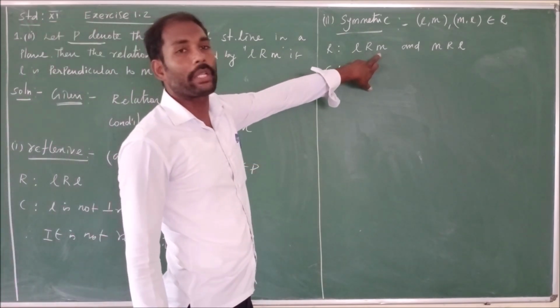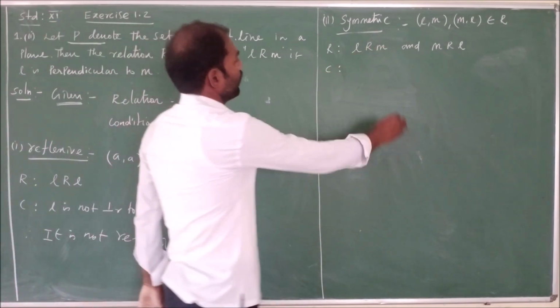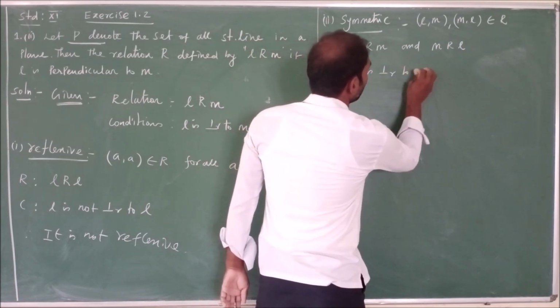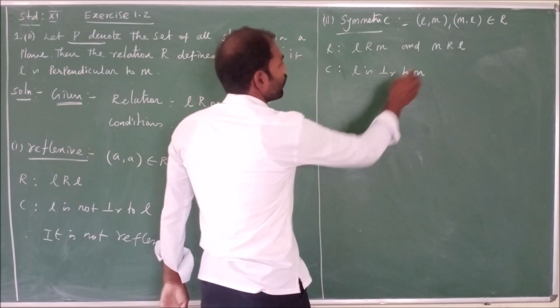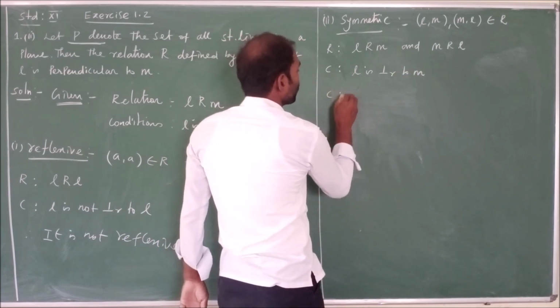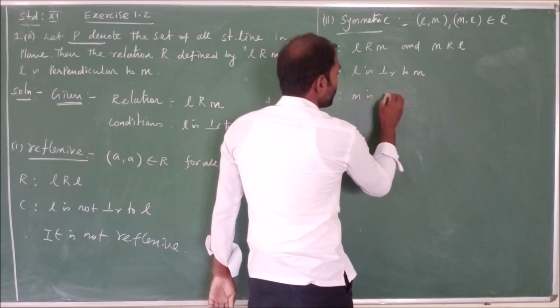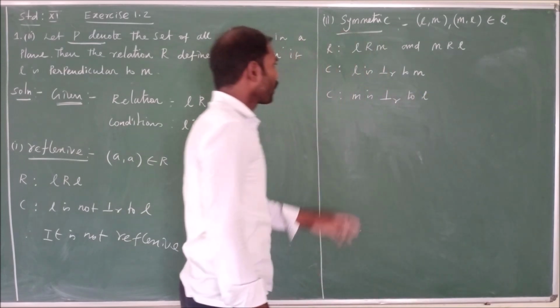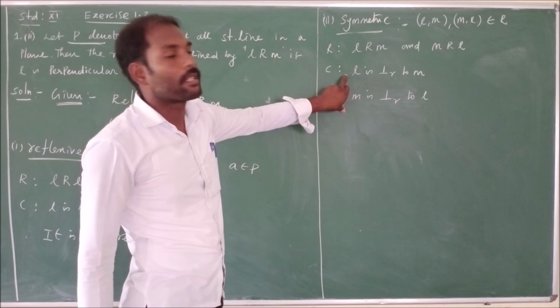L is perpendicular to M. The second condition is M is perpendicular to L. Both conditions are satisfied.